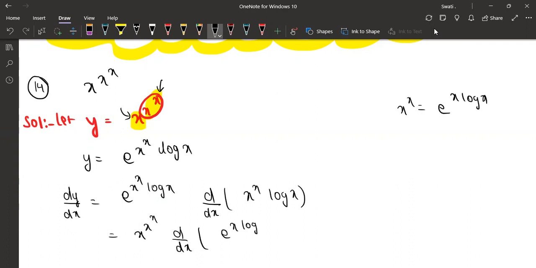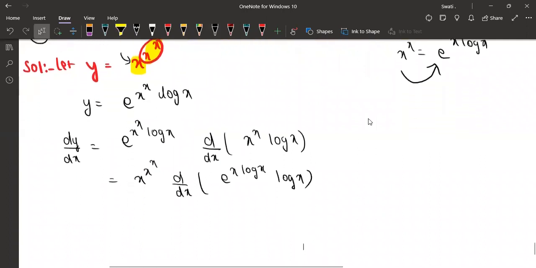So here writing these in terms of this particular formula is very, very important. So e raised to x log x, and this log x I'm writing as it is. Now we will apply the formula of product.